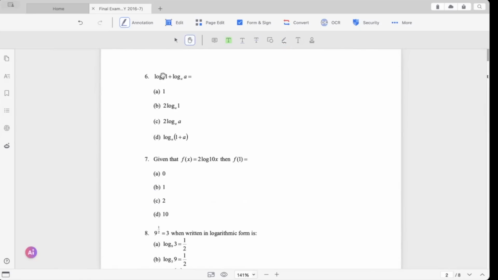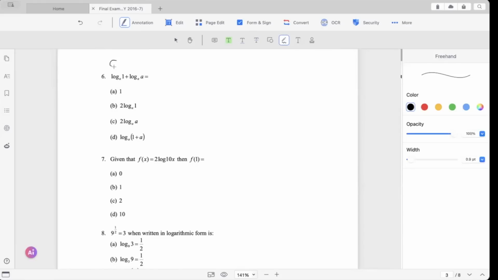Now, please note, it doesn't matter what the base is. Log 1 is 0, and then these are the same, so the value is 1. So 0 plus 1 is 1.